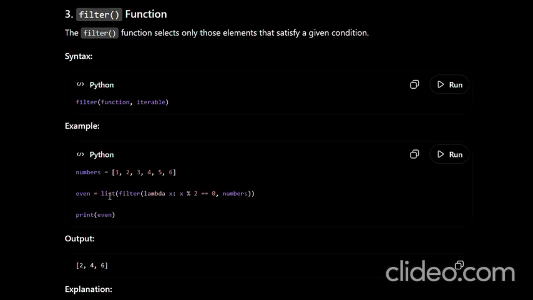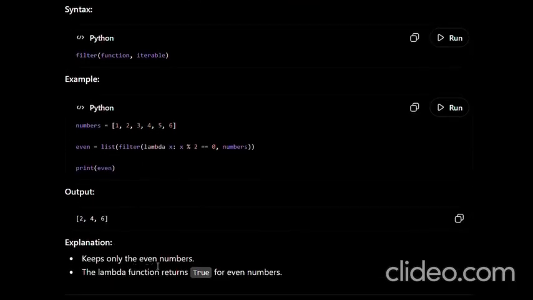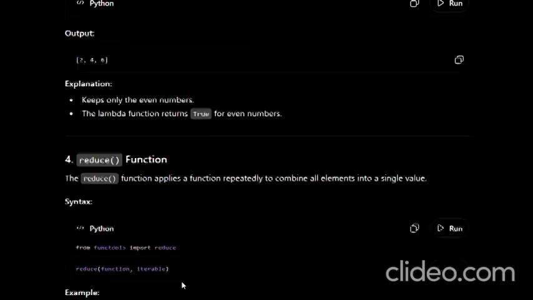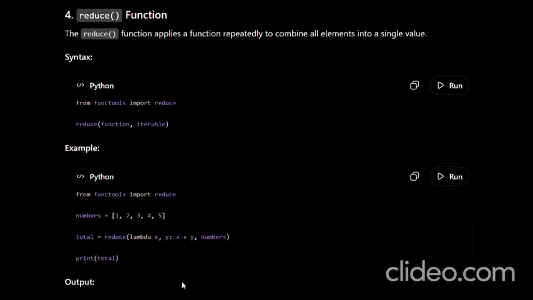It will access each element one by one, and check whether x modulus 2 equals 0; if so it will append it to the list, otherwise not. So it will collect all the even numbers from the list and return the list as output. Explanation is given here.